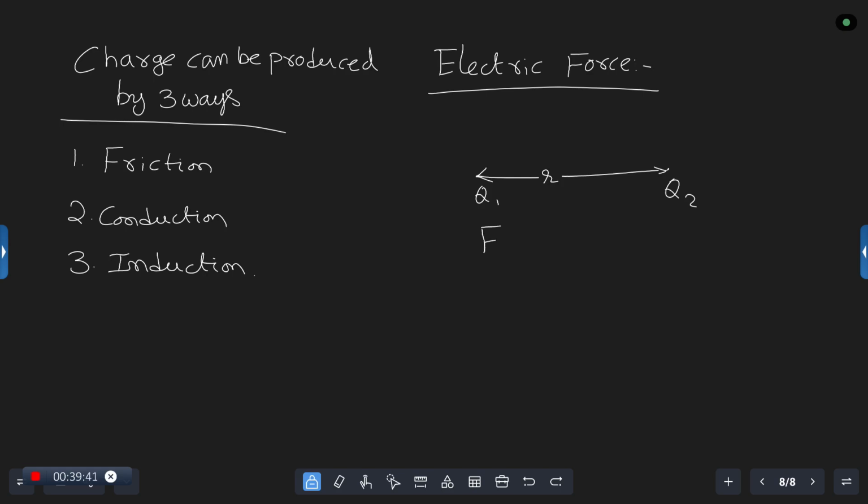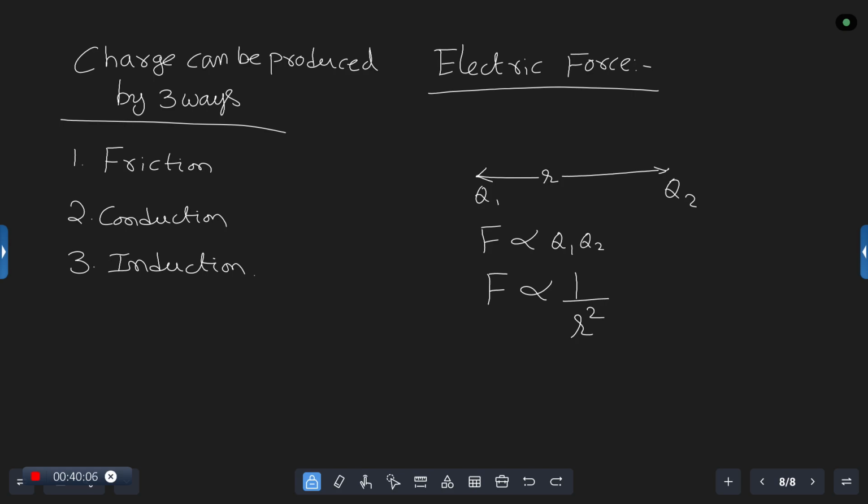So F is directly proportional to Q1 Q2. That means force between the 2 point charges is directly proportional to the product of the two charges. Next, F is inversely proportional to the square of the distance between the two charges.